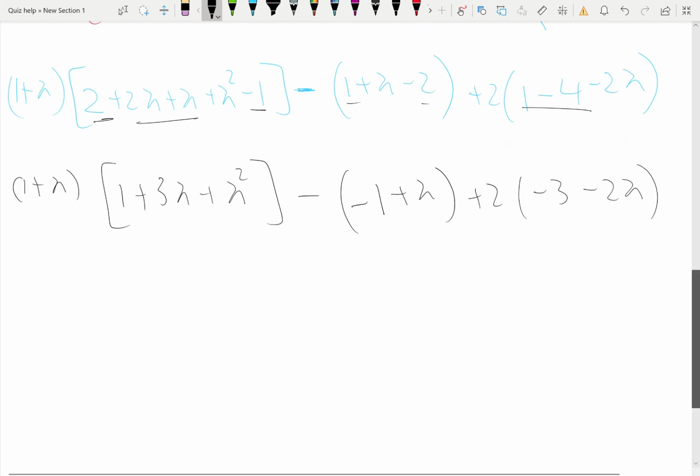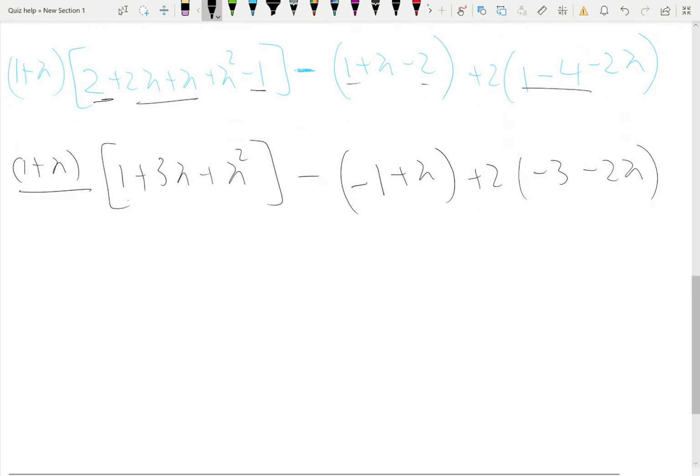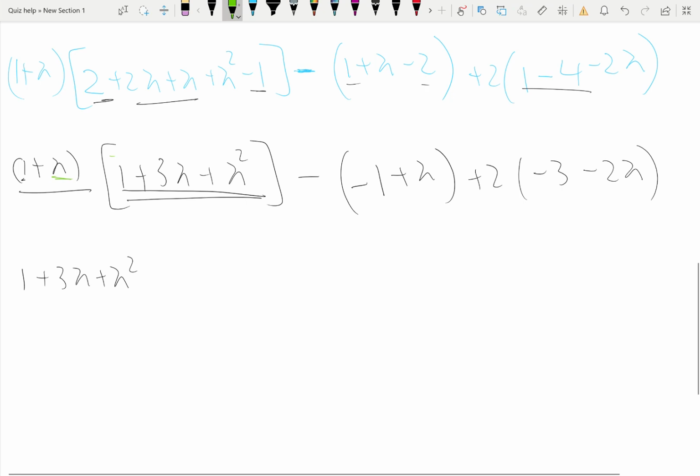Okay, now we can expand finally. 1 multiply by this whole term, 1 plus 3 lambda plus lambda square. Now multiply lambda and this whole term, lambda plus 3 lambda square plus lambda cube. Multiply by minus, here plus 1, minus times lambda is minus lambda. Here minus 6, 2 times negative 2 is negative 4 lambda.